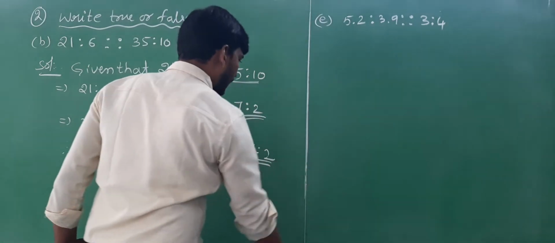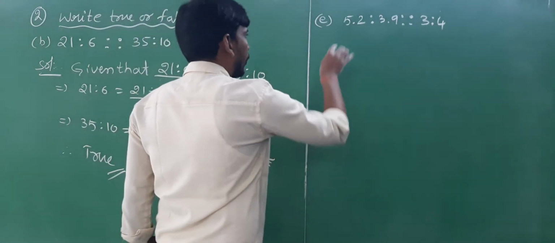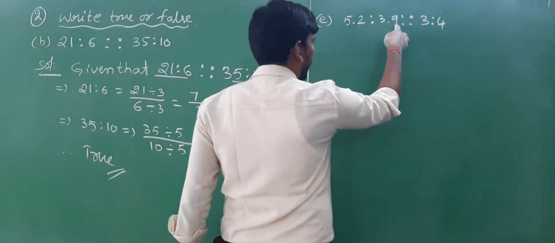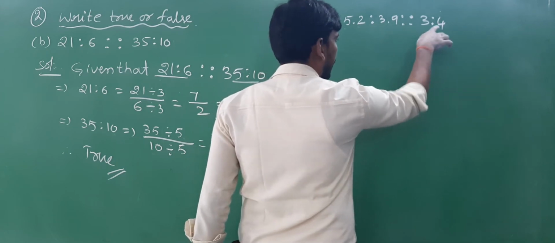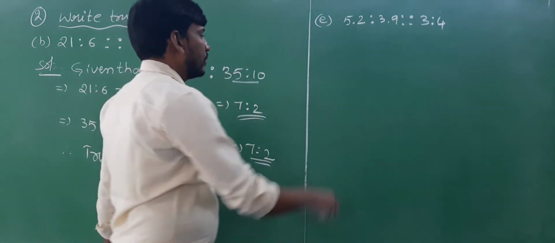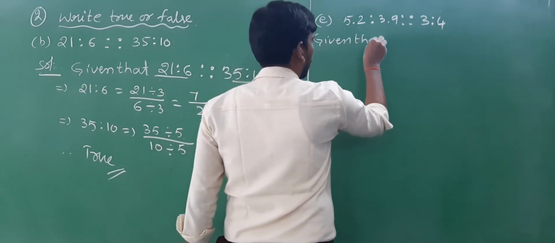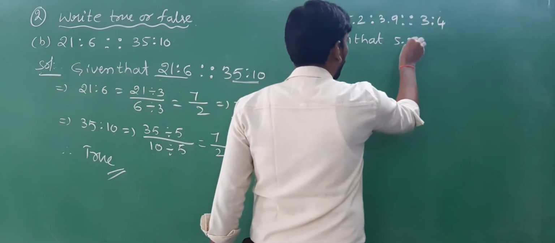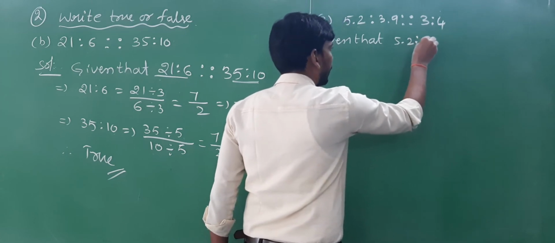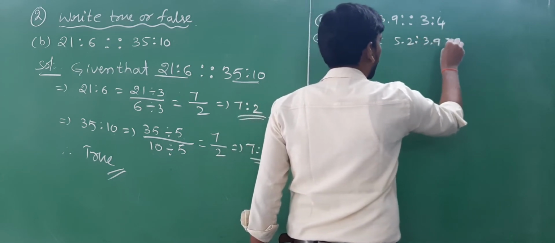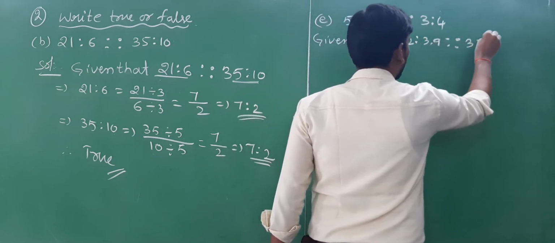Now come to the next one, part b. 5.2 is to 3.9 proportion 3 is to 4. So given that 5.2 is to 3.9 proportion 3 is to 4.